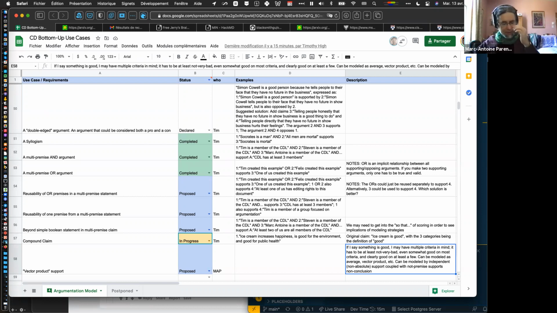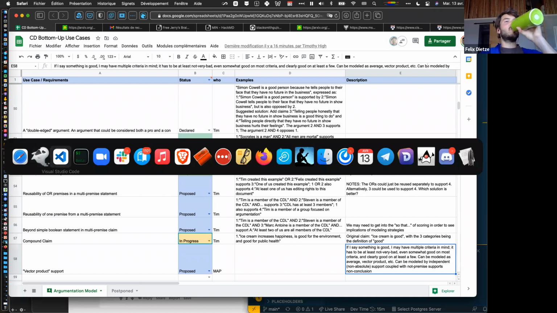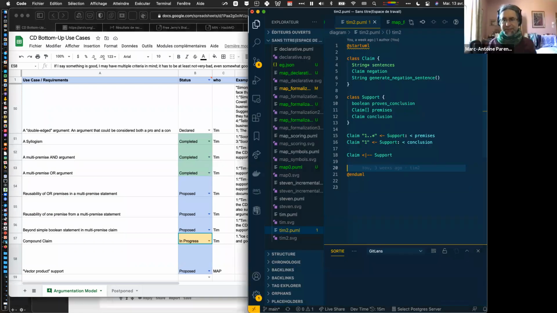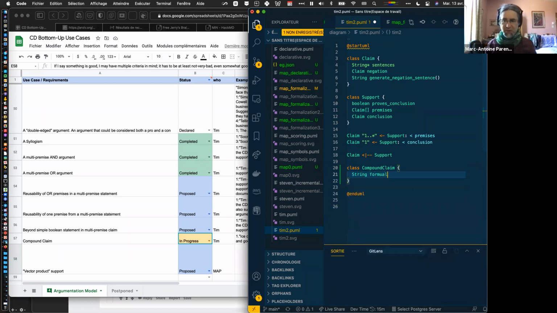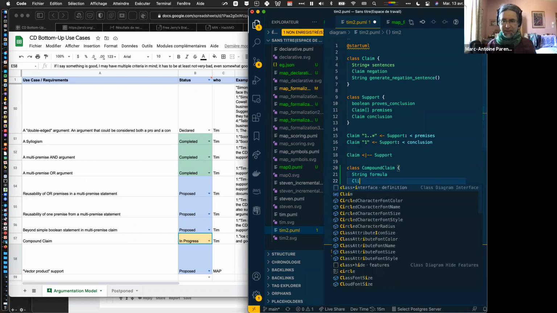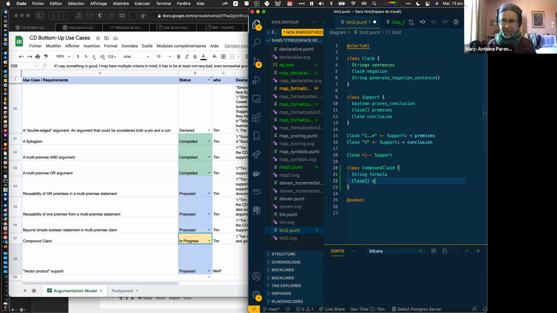So if we have compound claims, it basically has, let me call it a string for now, formula and claim atoms.